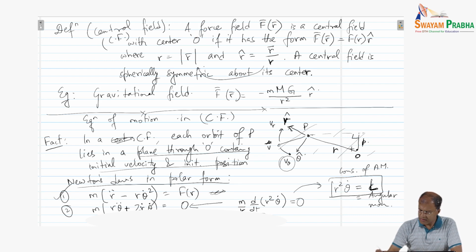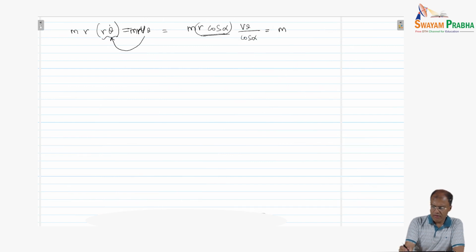My alpha is the angle that this planet makes with the perpendicular p. So r cos alpha is the perpendicular distance p, and what we have found is that this is equal to m times p times v theta by cos alpha, right?